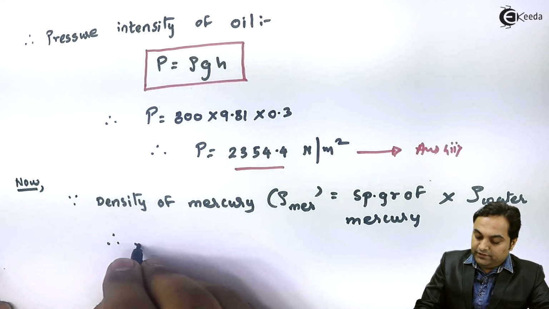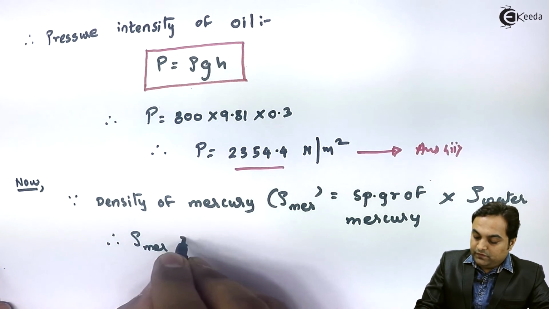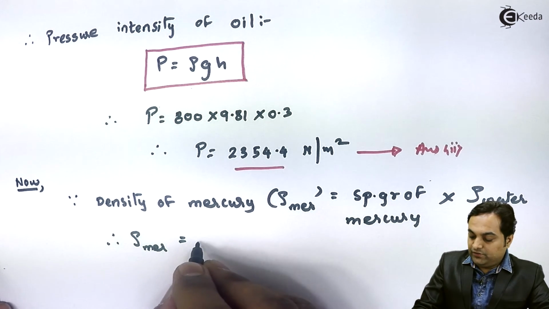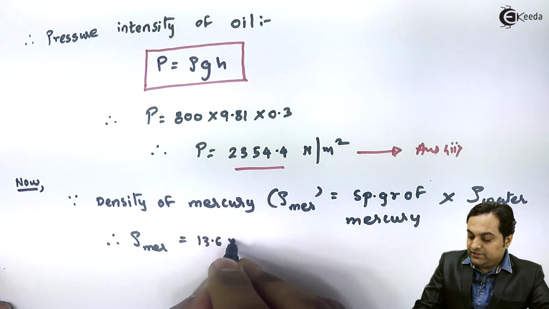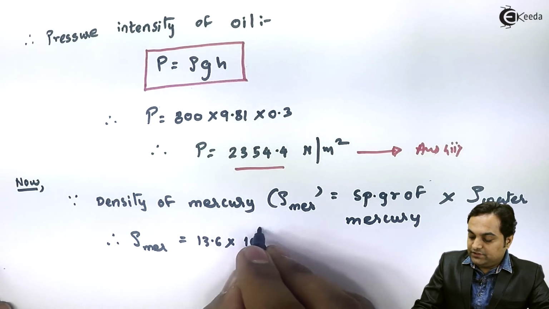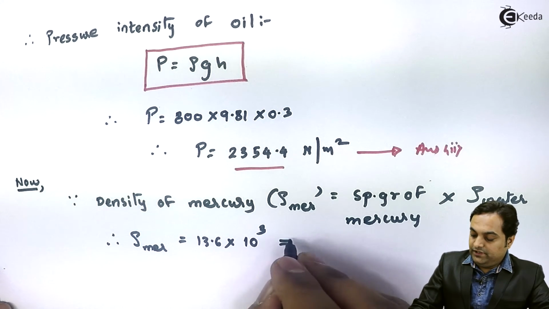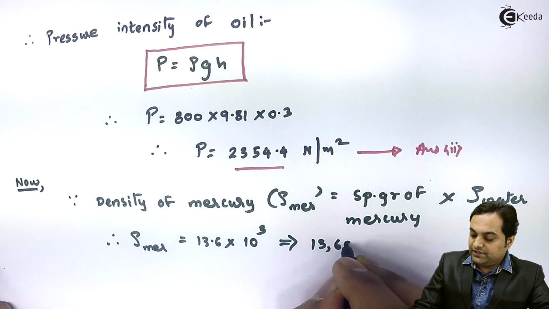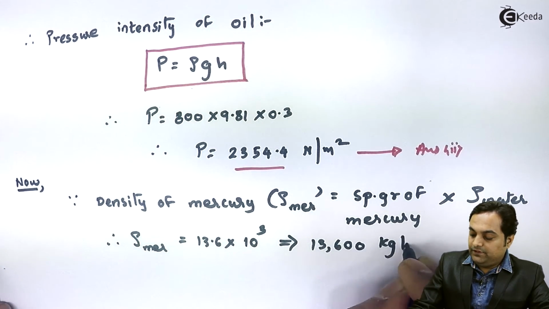So therefore the density of mercury will be equal to, specific gravity of mercury is 13.6 into density of water is 1000. So here density of mercury is 13,600 kg per meter cube.